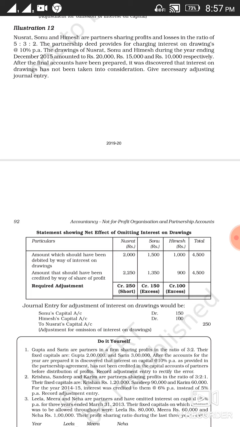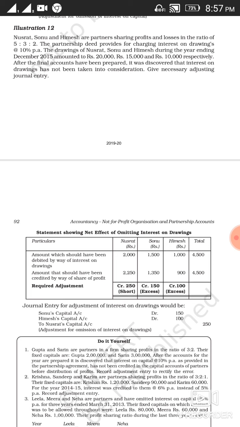The drawings of Nusrat, Sonu and Himesh during the year ending 31st December 2015 amounted to rupees 20,000, 15,000 and rupees 10,000 respectively. After the final accounts have been prepared, it was discovered that interest on drawings has not been taken into consideration. Give necessary adjustment journal entry.